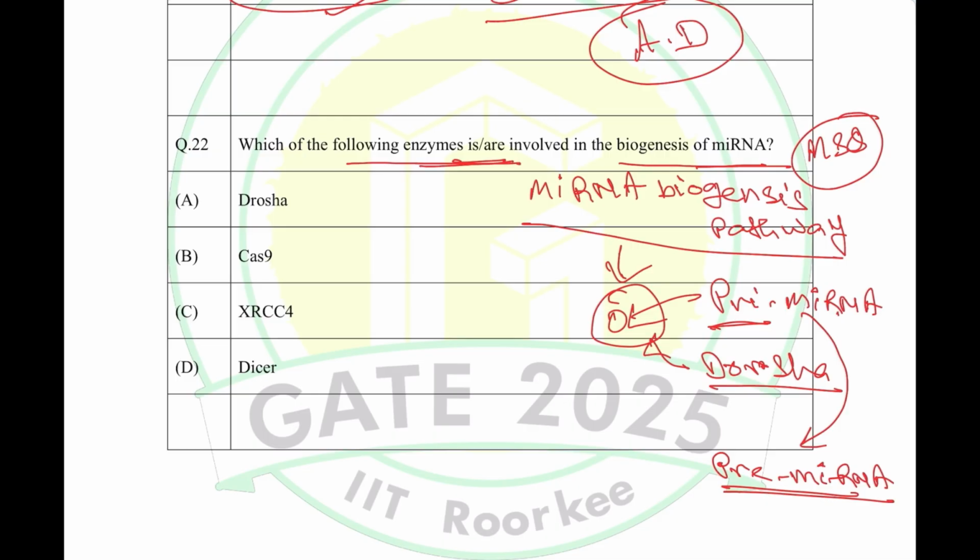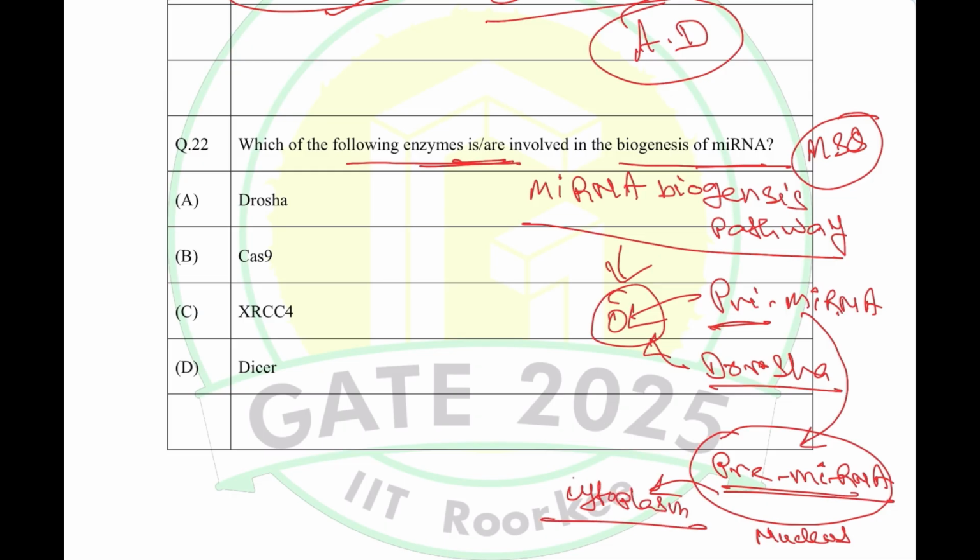Okay, and this pre-mRNA is still in the nucleus, and this pre-mRNA is now exported to the cytoplasm.